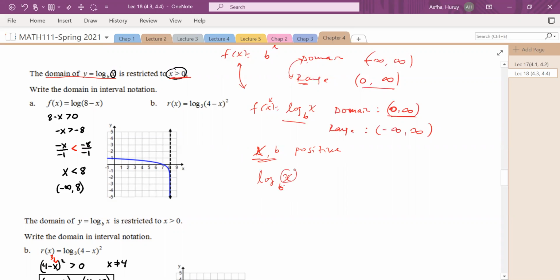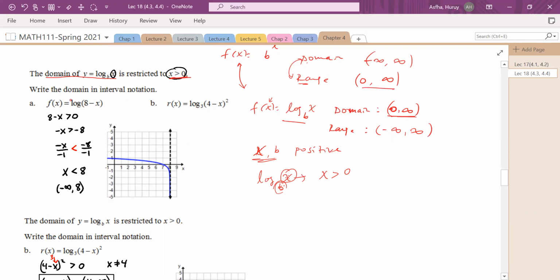But now we are mainly focused on the base b, and we said it has to be greater than 0 and different from 1. And the argument x always has to be greater than 0.